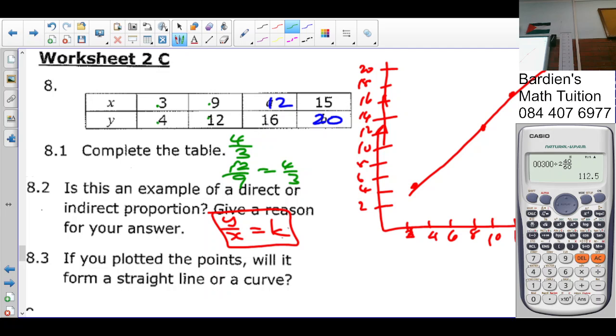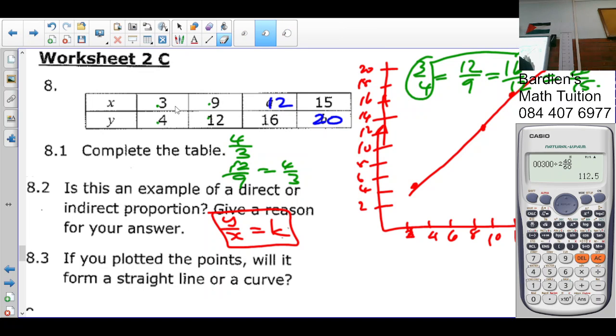This is direct proportion. So what I did was I said, okay, 4 over 3 must be equal to 12 over 9, must be equal to 16 over 12, must be equal to 20 over 15. Can you see that? At this point I didn't have A and I didn't have B. So I put it over A and that was over B. So I said 4 over 3 is equal to 12 over 9, which is equal to 16 over A, which is equal to B over 15.